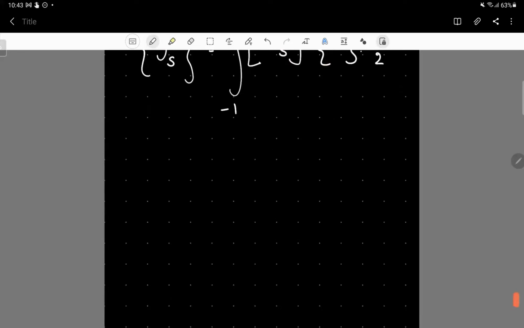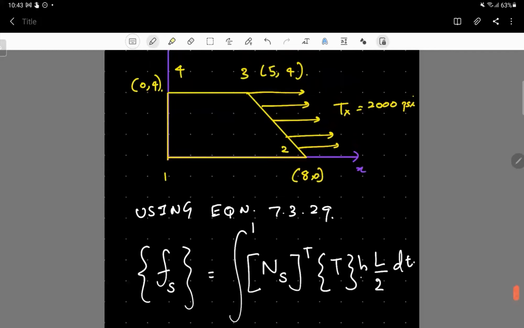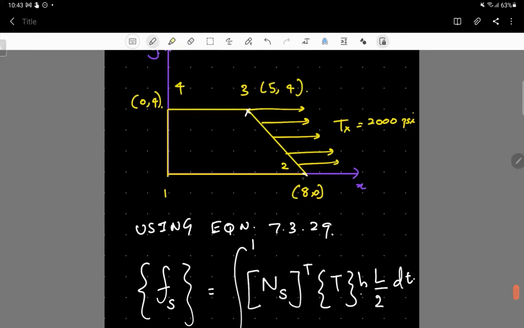The length of the edge 2, 3 is given by the length using the Cartesian coordinate system.